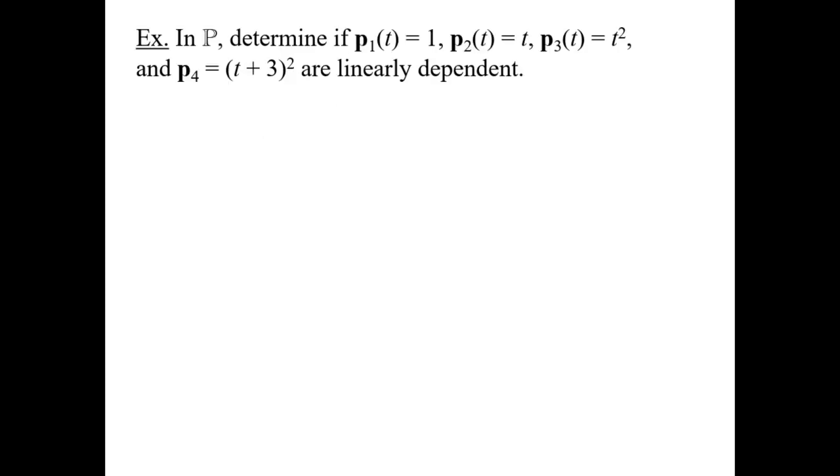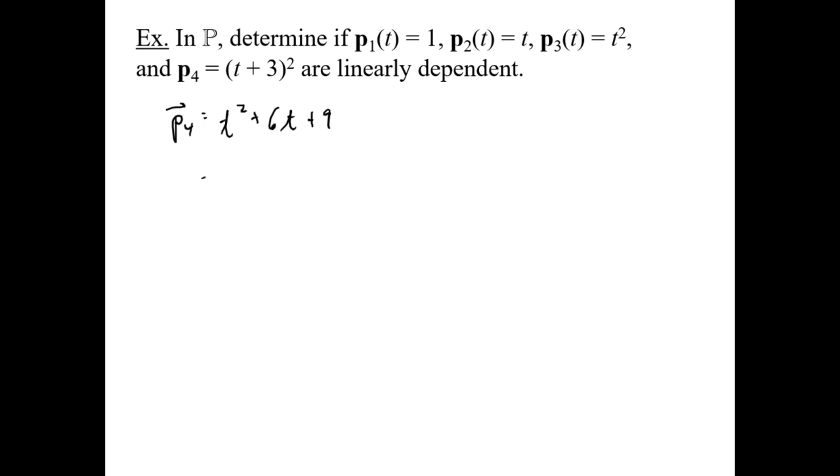So consider P, which is the set of all polynomials of any degree. I don't remember if we've done this before. Let's determine if these 4 vectors are linearly dependent. Well, let's notice that P4, if I FOIL it out here, is t squared plus 6t plus 9.